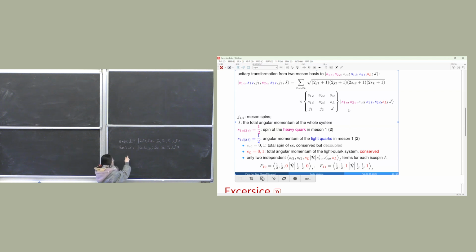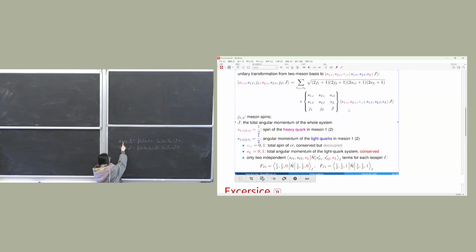For basis 2, we first couple the first particle's heavy part and light degree of freedom to the total spin of particle 1, and the same for the second particle. Then we couple J1 and J2 to the total angular momentum.